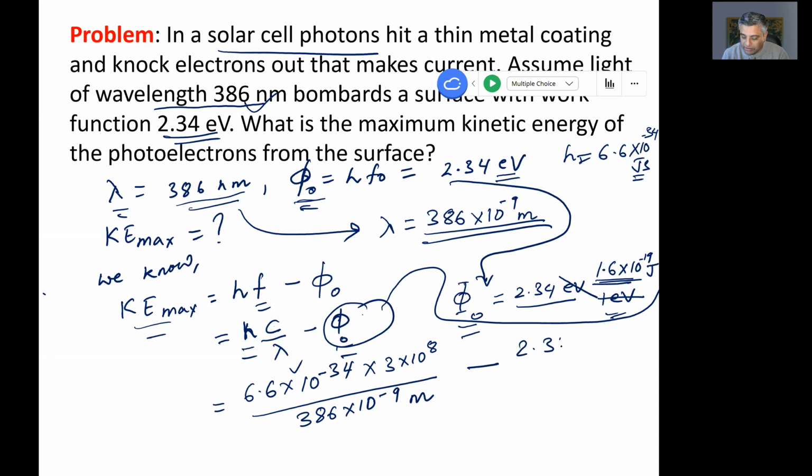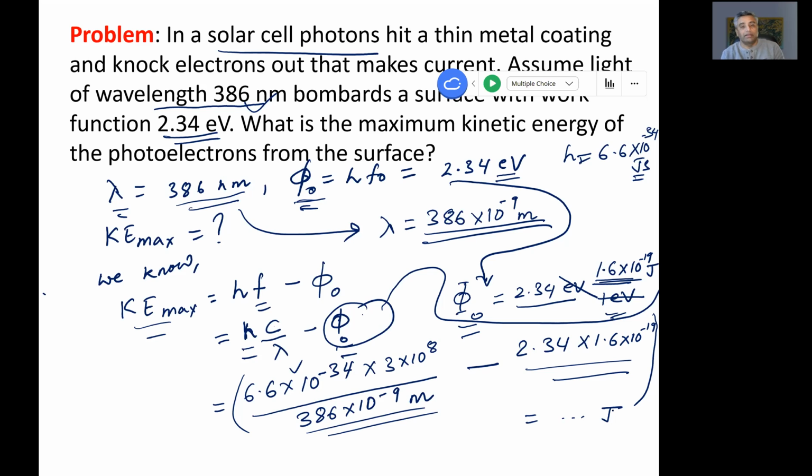That means 2.34 times 1.6 times 10 to the power negative. So this is energy and this is also energy. So the difference between the energies we are talking about here is going to be in joules. That's going to be the kinetic energy of the electron.